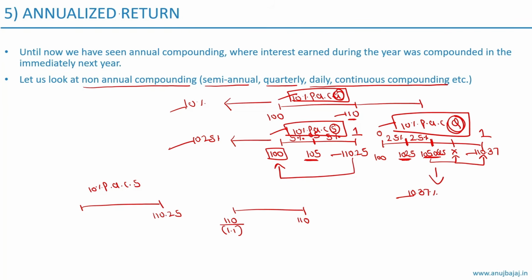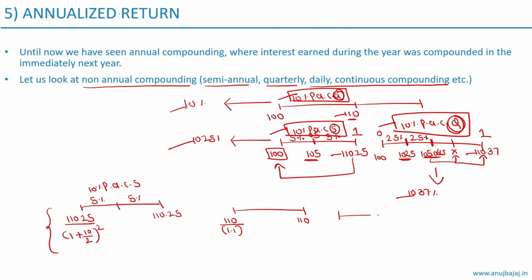In such case, the present value will be the future value of 110.25 divided by 1 plus the interest rate per period. Interest rate per period is 5%, so we will take 10 divided by 2, raise it to the number of periods. We have 2 periods over here, so this will be the present value.